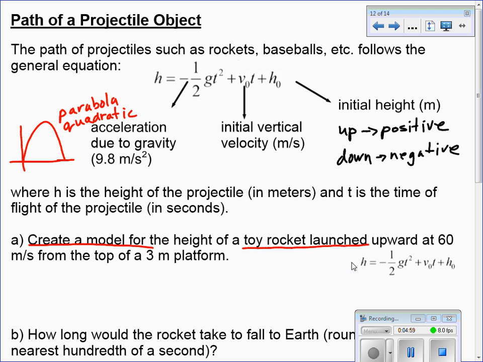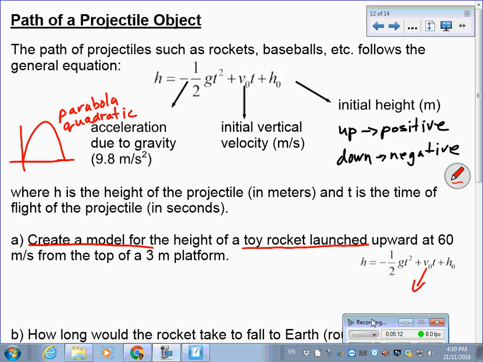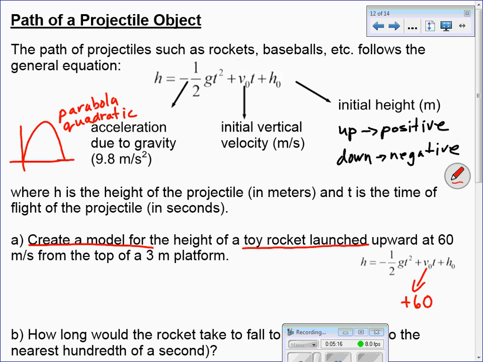So here's what we're going to do. If we're using this, that's our basic equation there, right? So its initial velocity for this thing is up 60 meters per second. So that is plus 60 meters per second, right?